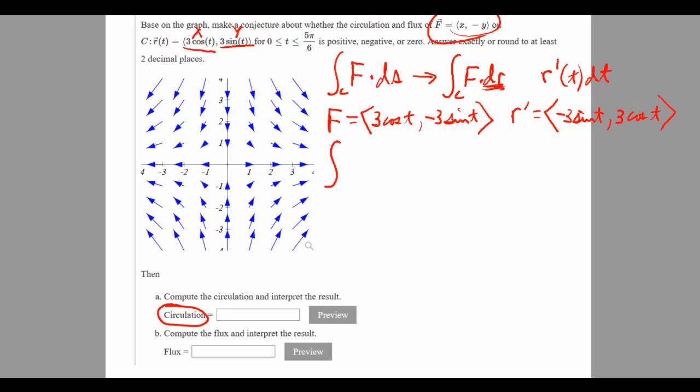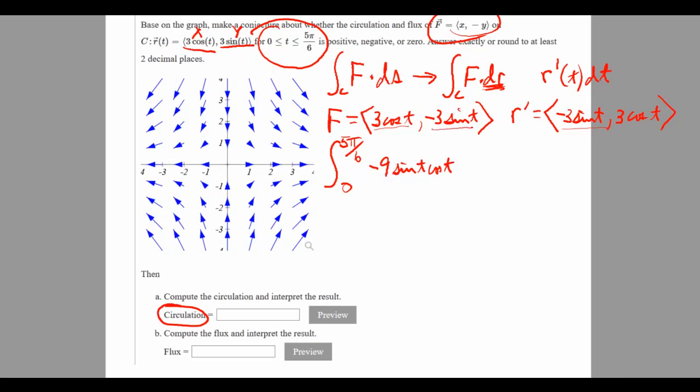And so our integral is going to go from 0 to 5 pi over 6, and we'll dot f and r prime. So we have 3 cosine t times negative 3 sine t, which is negative 9 sine t cosine t.